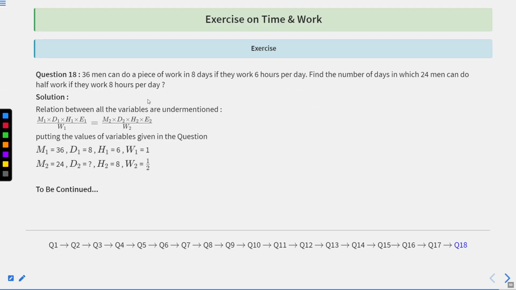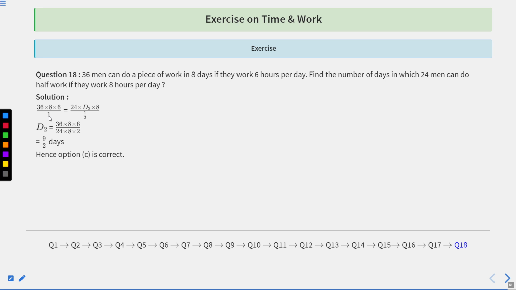So the relation between all the variables is M1D1H1E1 upon W1 equal to M2D2H2E2 upon W2. So putting the values of variables given in the question, M1 equal to 36, D1 equal to 8, H1 equal to 6 and W1 equal to 1. So M2 equal to 24 and D2 is unknown to us, H2 is 8 and W2 is 1 upon 2.